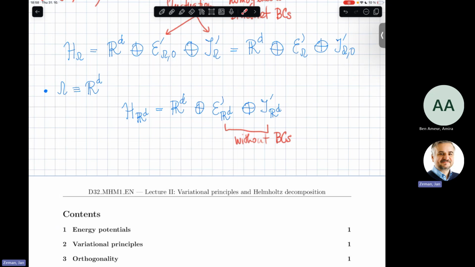And the final remark which I would like to make is that I did a lot of advertisement for saying that I'm interested in the stored energy densities and their complements because they carry some physical meaning.